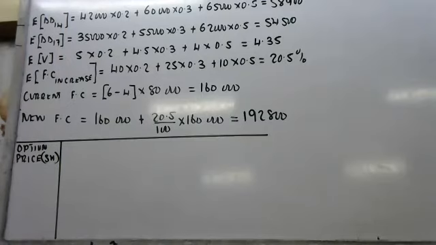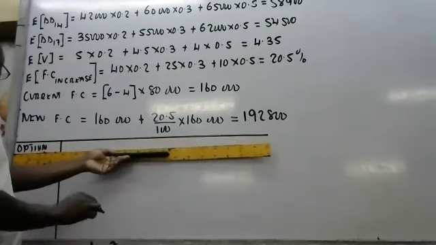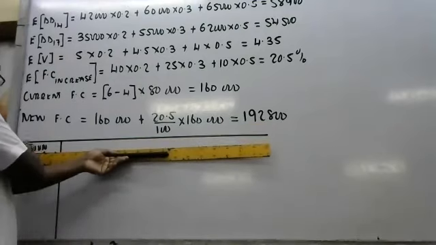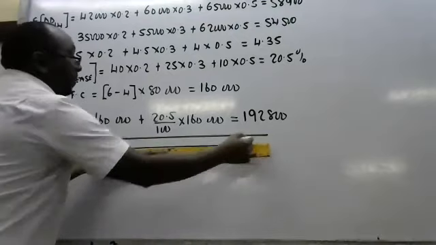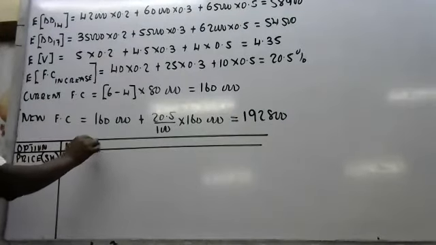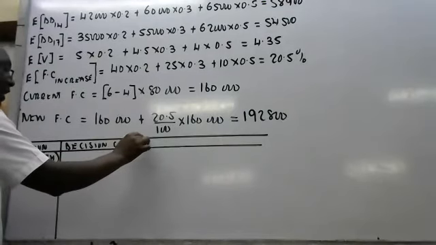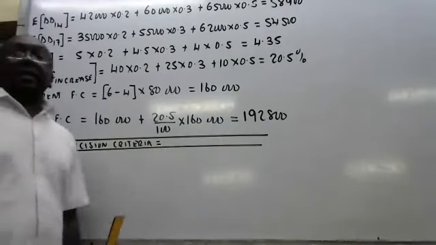Then you must know what we call the decision criteria. Decision criteria is the characteristic that you look for.